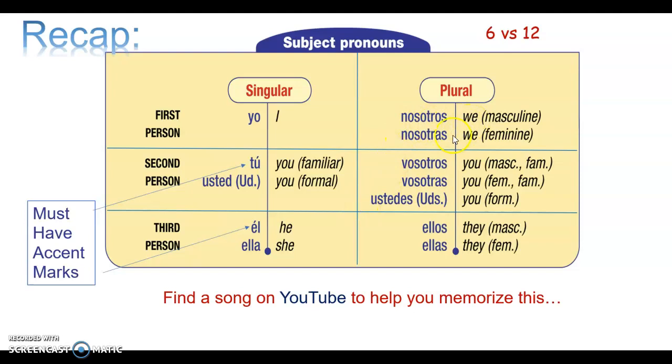Nosotros is we, nosotras, vosotros, vosotras, only in Spain. Ustedes is the acceptable way to say you plural. Ellos and ellas are they. If you can, find a song on YouTube. There's a bunch of raps and things out there to help you memorize these, because there are 12 subject pronouns in Spanish versus our 6.